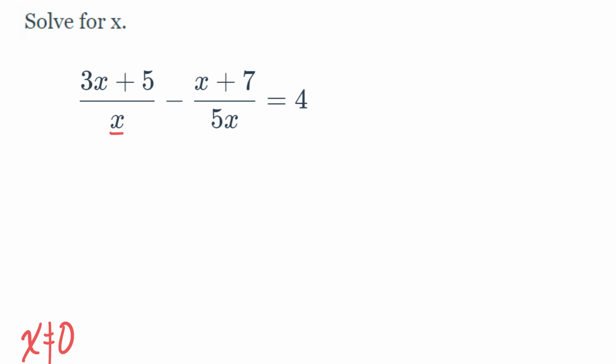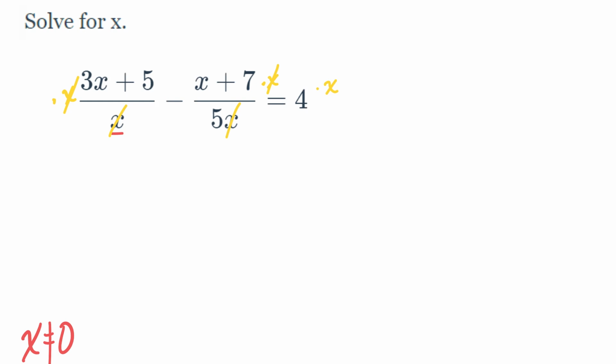And notice I said each term by x, so I'd have to multiply times x, times x, times x. But we're going to do more than that because that would eliminate our denominator right here, and it would actually eliminate the x from this section here, but there would still be a 5. Now the 5 is not a real big issue, but if you're like me, you'd rather not work with a denominator at all.